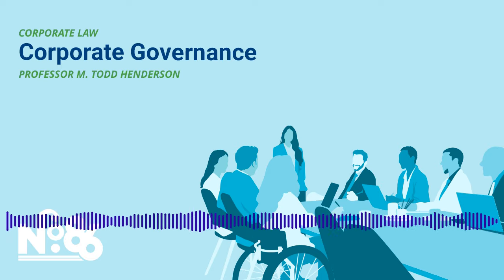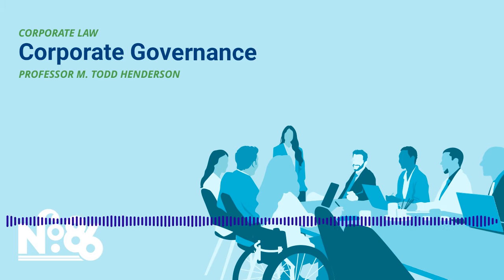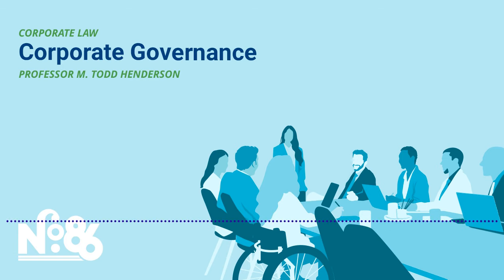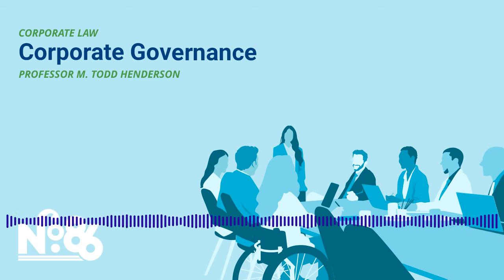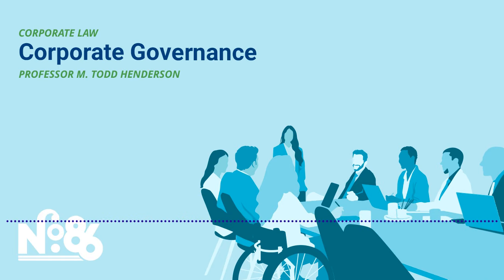In Delaware, Section 141 of the Delaware Corporate Code says corporations are managed under the direction of the Board of Directors. A Board of Directors is a group of persons, more than 3, no other real limitations in Delaware, that are responsible for managing the affairs of the company. They're the ones who make the decisions.